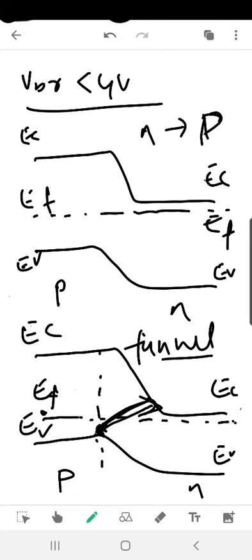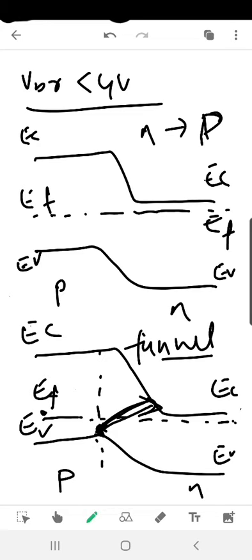The width of the depletion region will be narrow only when the doping is high. So for this tunneling process, this Zener breakdown, it is necessary that the PN junction is made from heavily doped semiconductor. In lightly doped semiconductor, this Zener breakdown will not occur.